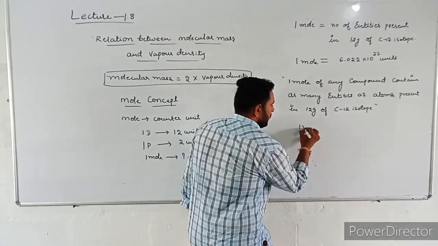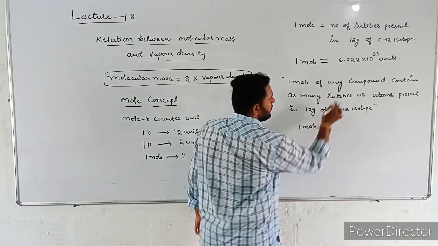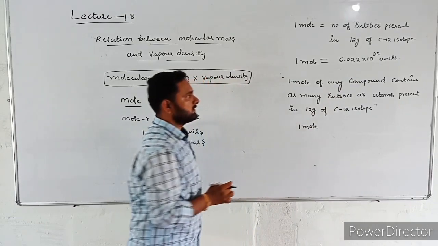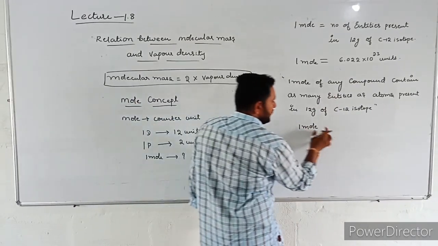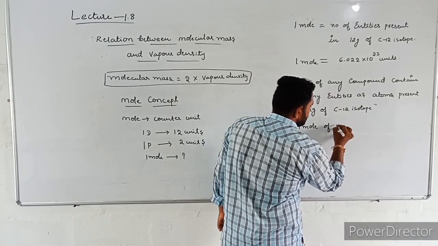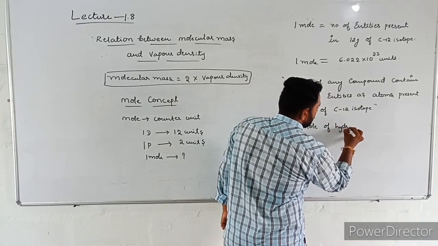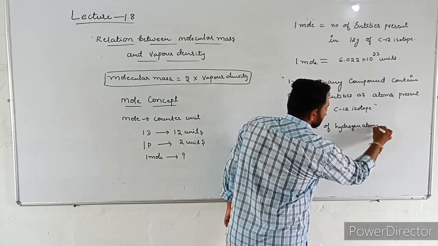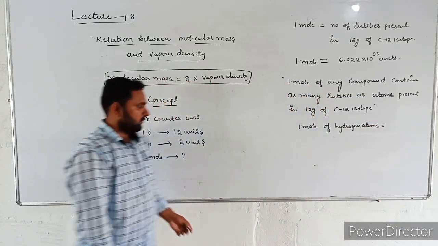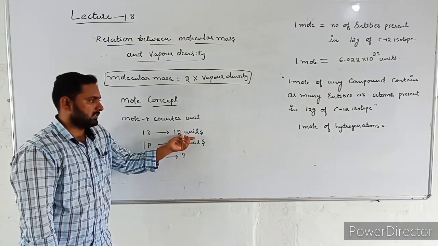Now tell me, 1 mole is equal to how many units? 1 mole is equal to 6.022 into 10 power 23 units. Then 1 mole of hydrogen atoms is equal to how many atoms? 1 dozen is equal to 12 units.